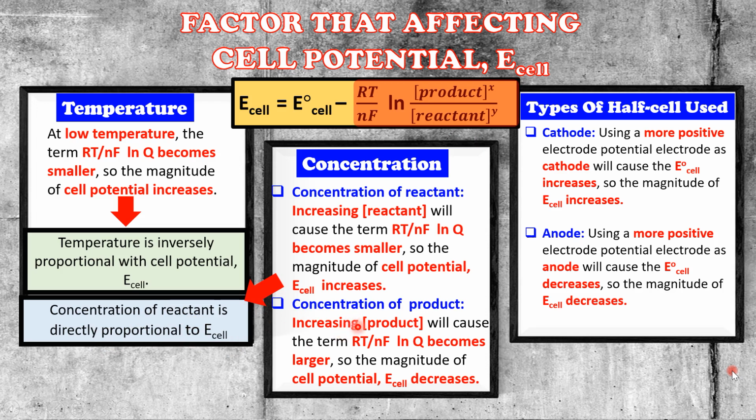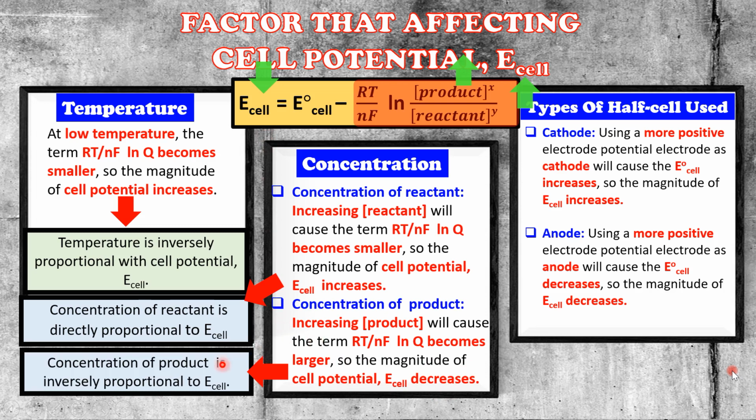Next, what will happen when the concentration of the product increases? As we increase the concentration of the product, the term RT over nF ln Q becomes larger. So the magnitude of cell potential E cell decreases. We can conclude that the concentration of product is inversely proportional to E cell.